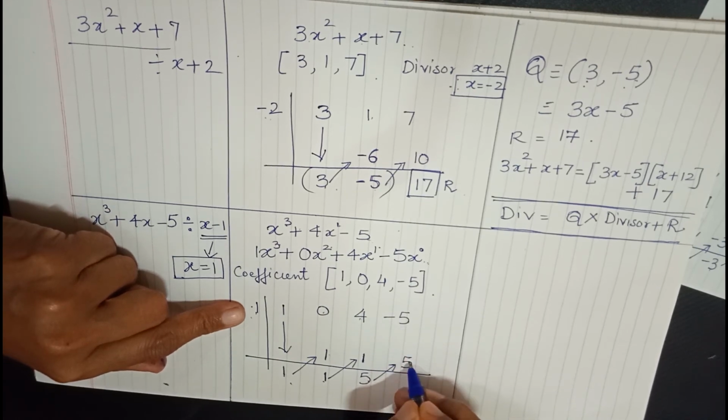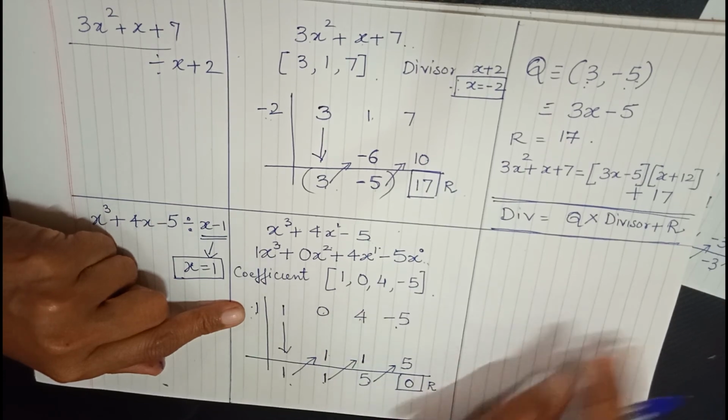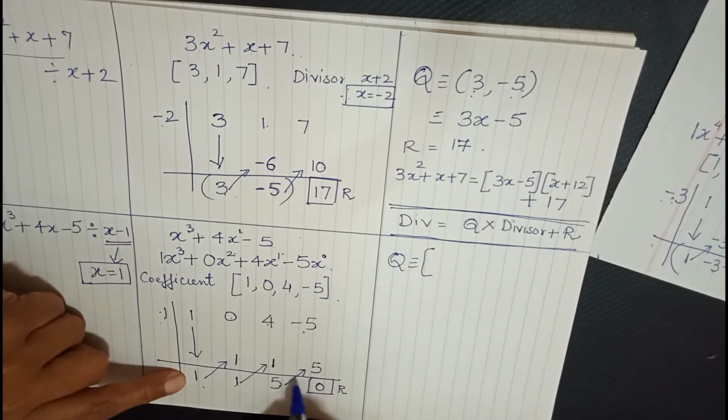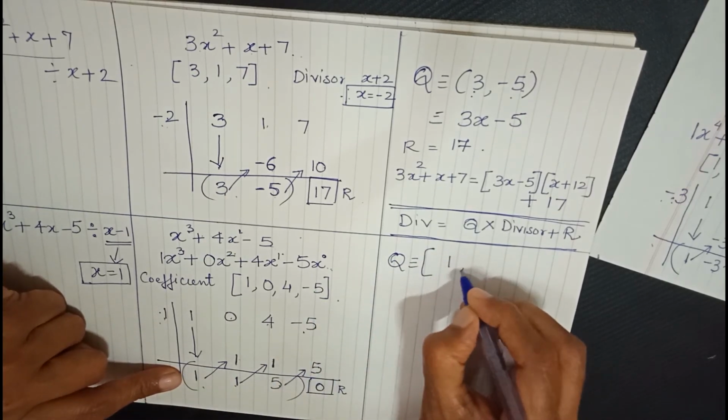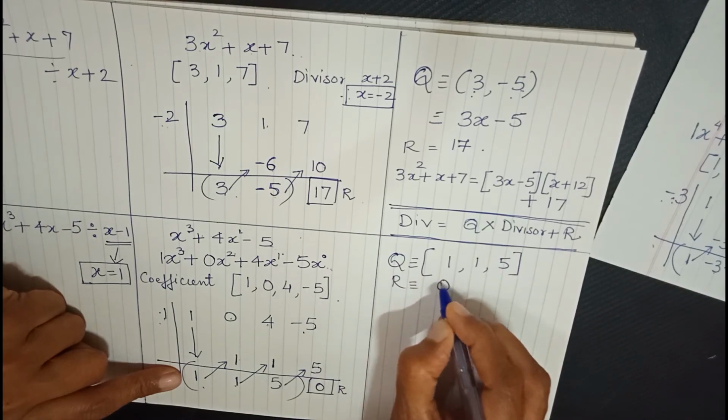Minus 5 plus 5. One is minus, one is plus, so we do the subtraction. 5 minus 5 is 0. So you can see here the remainder is 0. So what have we got now? Quotient. Quotient is this part which we have got, that is 1, 1, 5. And the remainder we got is 0.